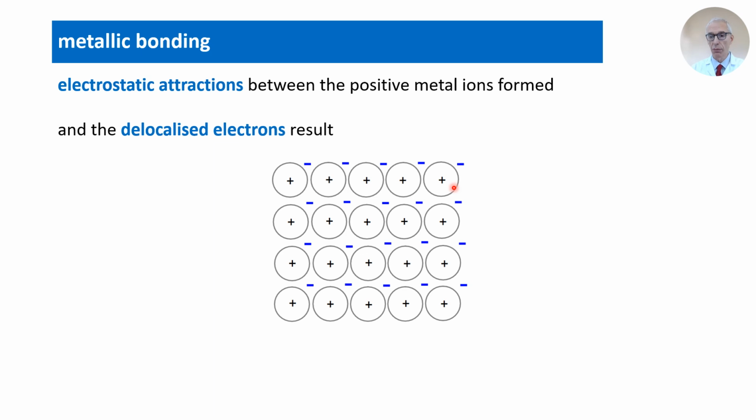That may or may not be in your specification. So the positive ions are attracted to the delocalized electrons, and those attractions hold the ions in place. Those electrostatic attractions are strong, and therefore metallic bonding is strong.